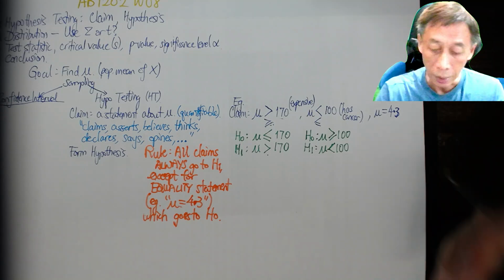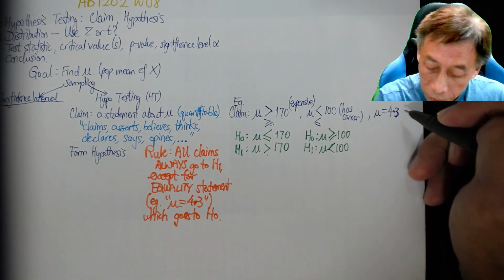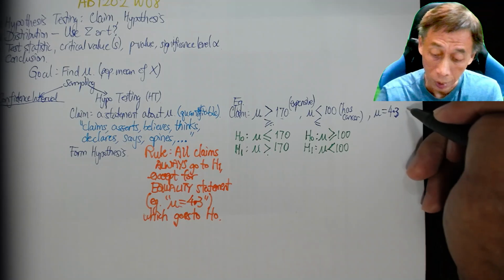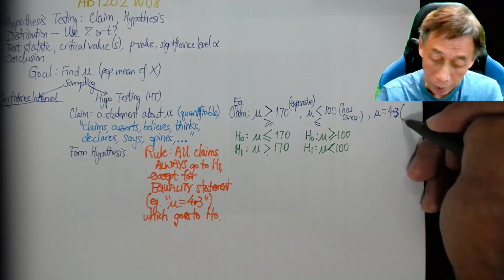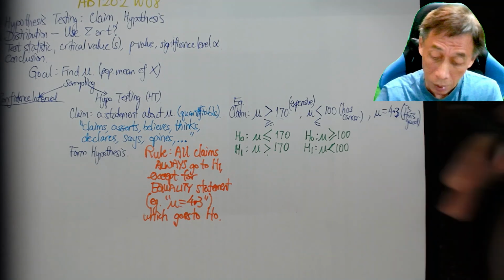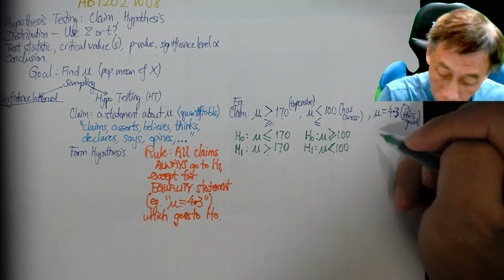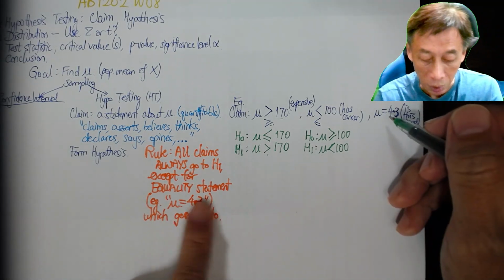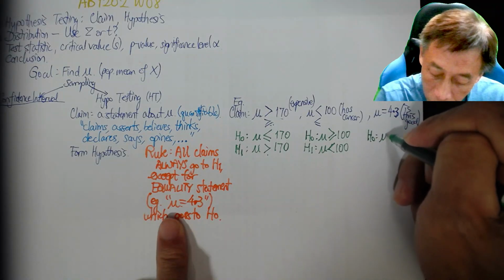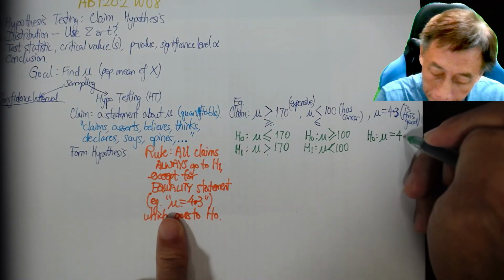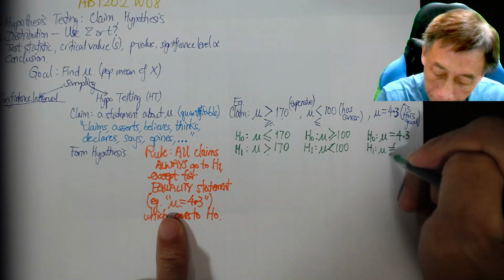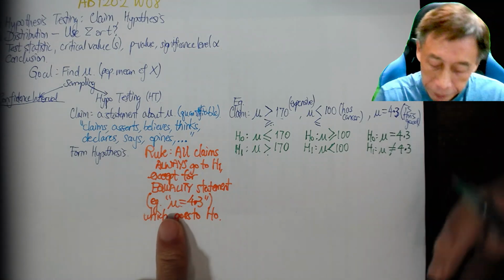All right. And the third case, that the population mean GPA is 4.3. Because it is the equality statement, we write the claim statement in H0, like this.